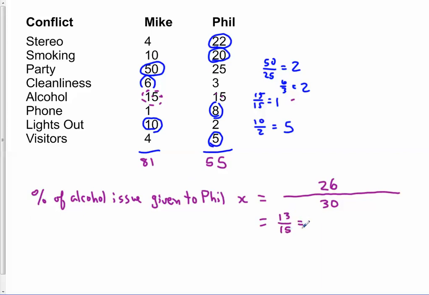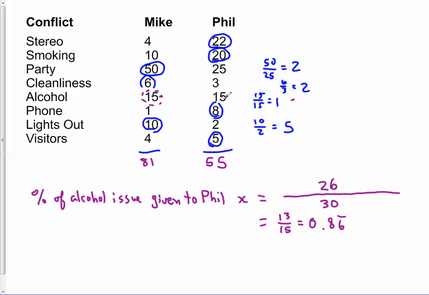That's a reduced fraction, but also it's 0.8666666. So 86 point something, almost 87%. So that's how much of the alcohol issue has to go to Phil.